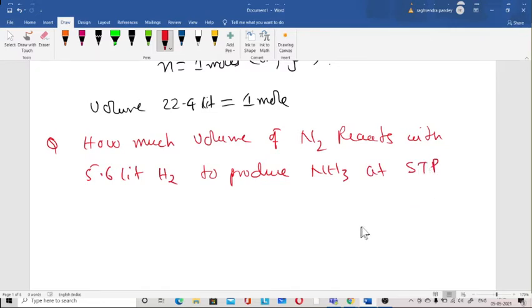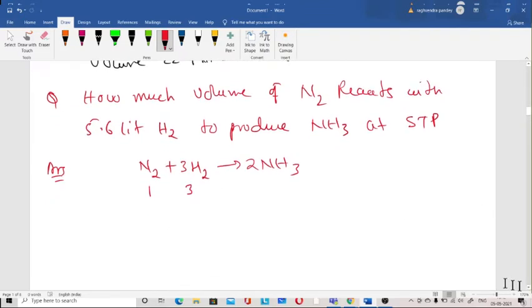First you have to write the reaction, N2 plus 3H2 gives ammonia. Now what is the relation between the moles? That is your 1:3 ratio.